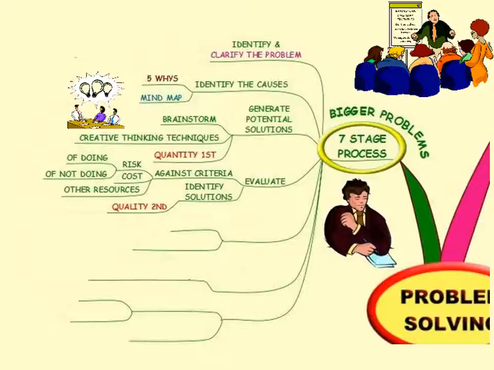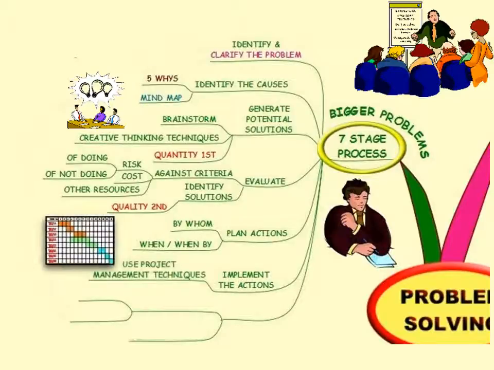Once we have an idea of how we're going to solve the problem, we can start to plan actions of what's going to be done by whom and when they're going to do it or when by. When this has been identified, you can actually implement the actions, and this could well involve using project management techniques.